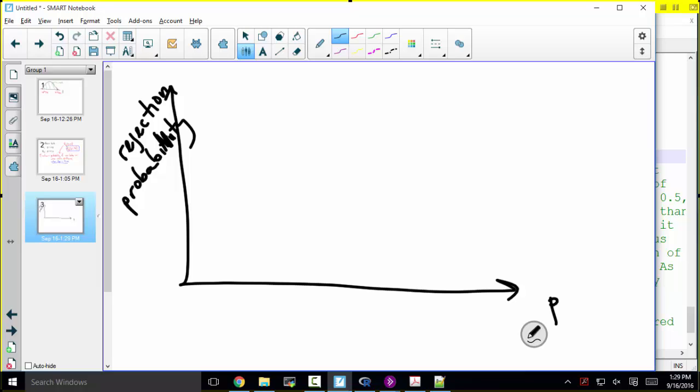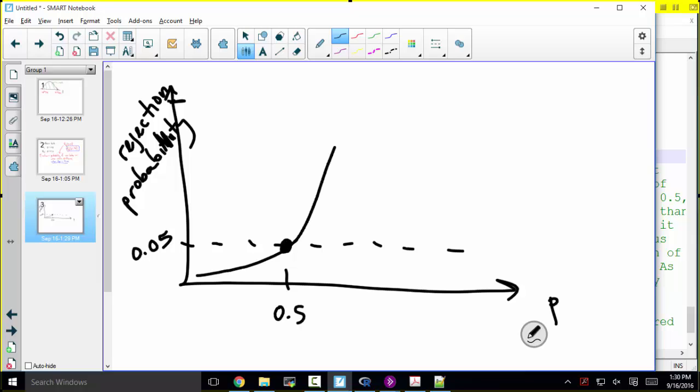When p is equal to 0.5, the null hypothesis is true. The probability of rejecting the null incorrectly when the null is true is the significance level, 0.05. So what we're going to get in this picture when it finishes running is like an S-shaped curve, where this is at 1, this is at 0.